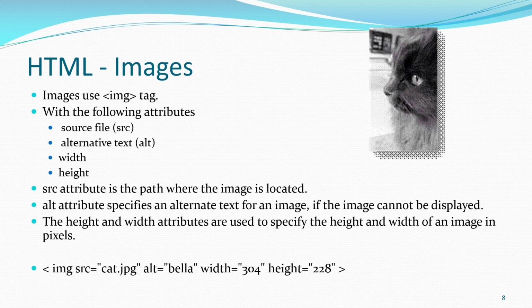Here we have a picture of Bella. Now, Bella is an image of a cat, just in case you can't see the black and white picture very well. Now, an image has to have certain attributes, such as the source file, the alternative text is optional, and then width and height of the actual image.